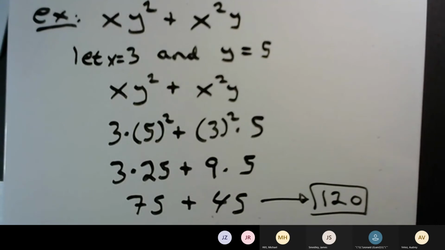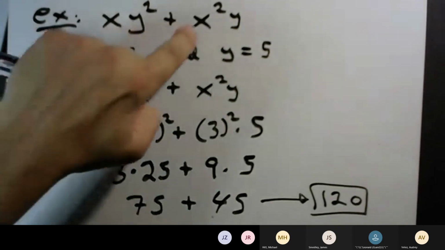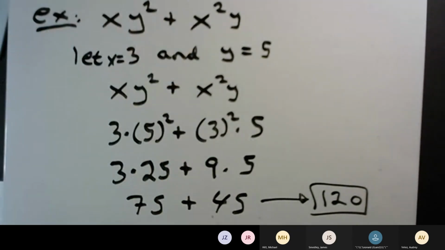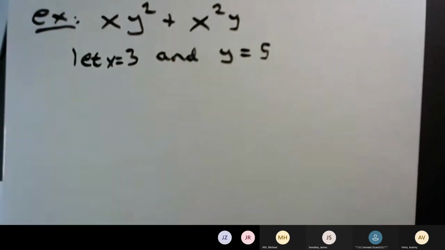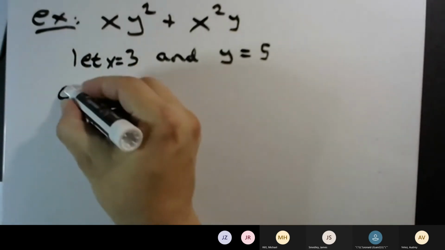So what happens if we try to combine these terms? Let's say we're going to do something we're not supposed to do. So we're going to do an oops.